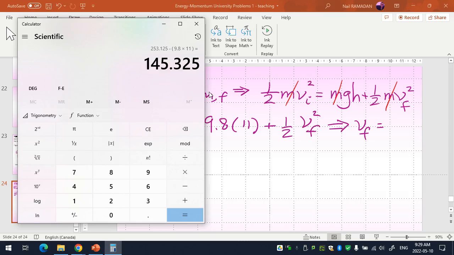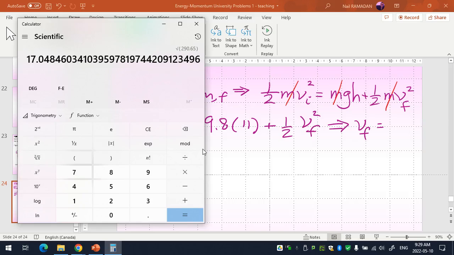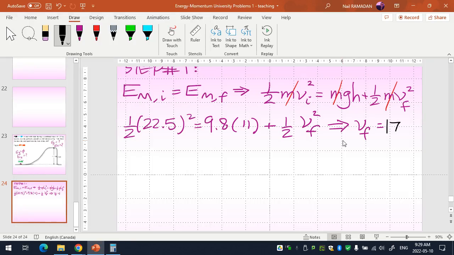That will be multiplied by 2 and square rooted, or divided by half, whichever way you want to think of it, and then square root. Boom. Their speed right before they clear off is 17.05 meters per second.